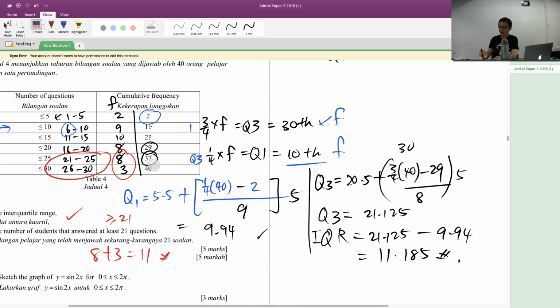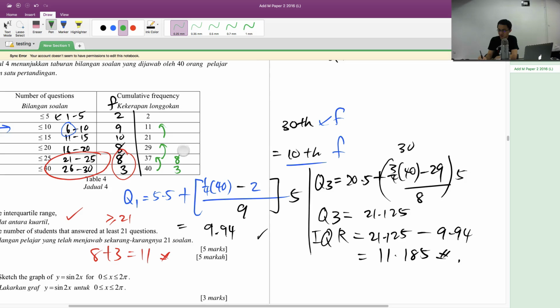Because what I do is I try to convert the cumulative frequency into the frequency. So how to find it is you just use the last term minus the previous term, and you get 3. Then use this term minus the previous term, and you will get 8. And then you keep on subtracting, so you will get all the values here.